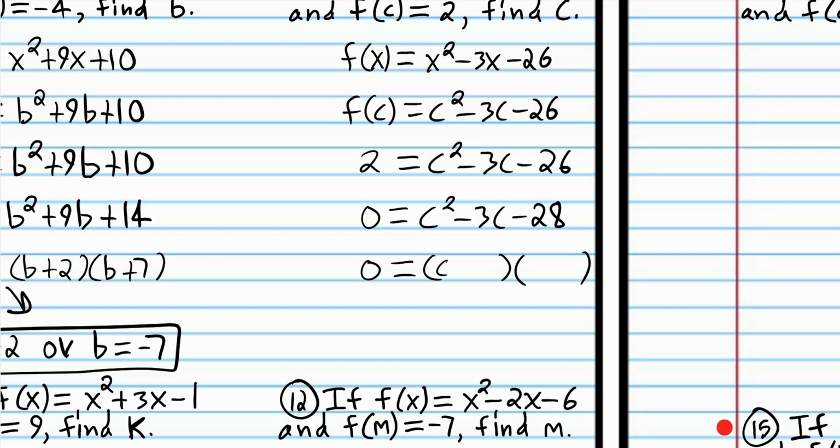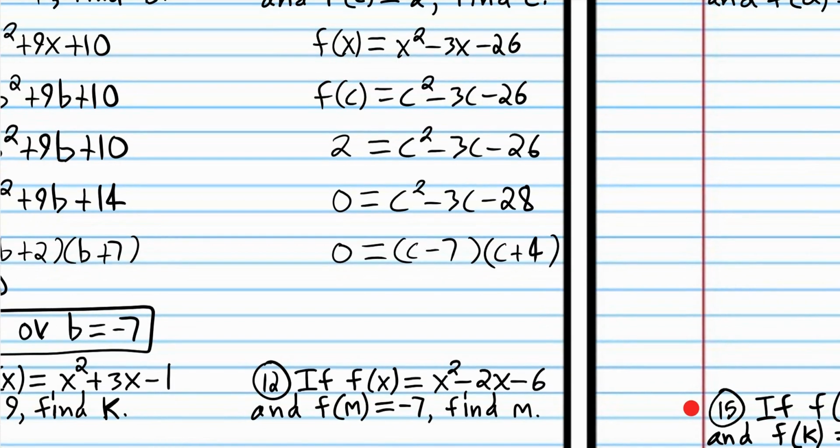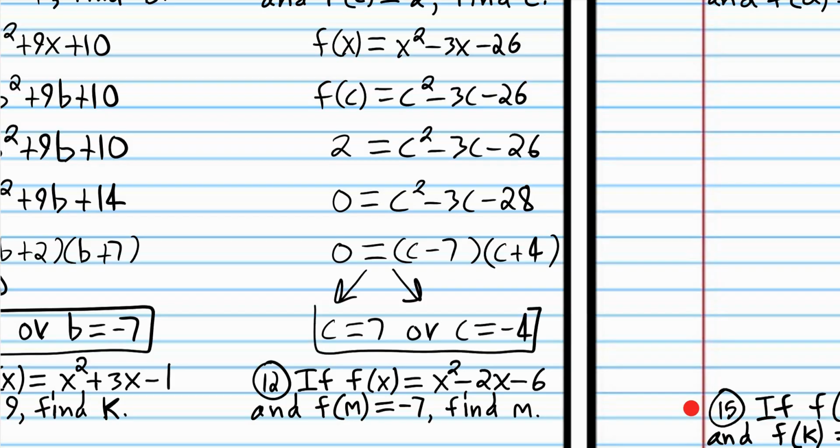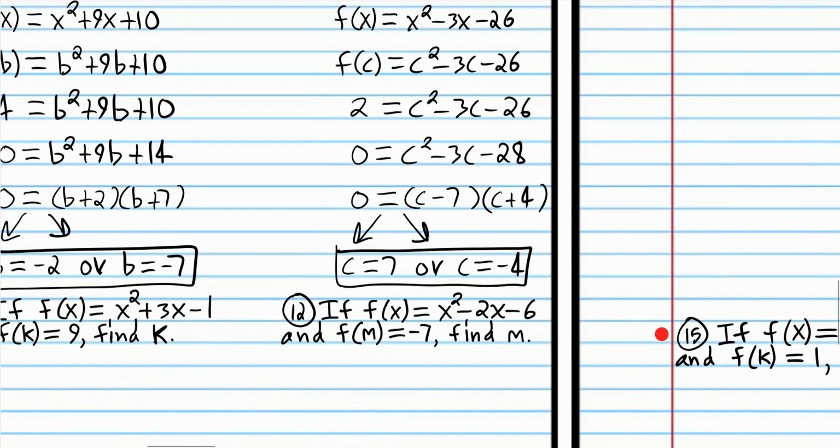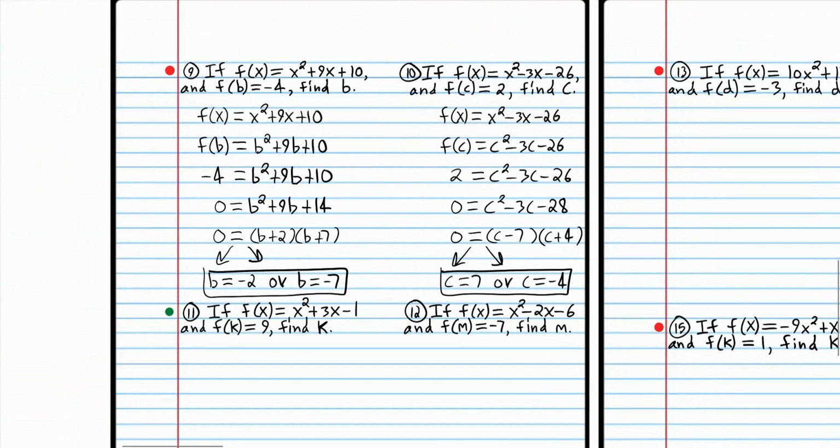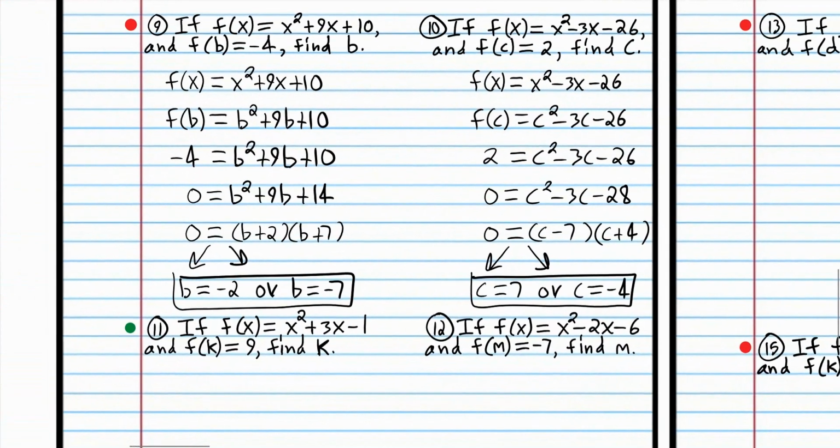So that's going to be -7 and +4. So by changing the expression to that form, we see the solutions just by looking at the equation. So I want you to try number 11, and when you come back we'll do it together.